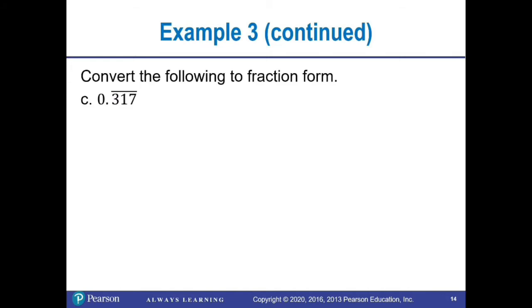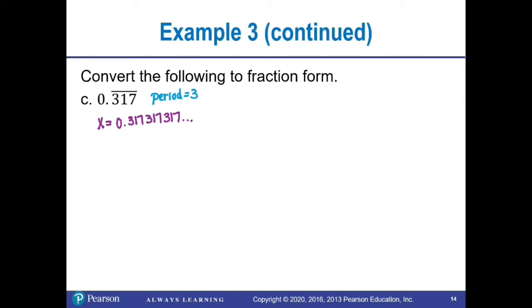Let's look at another one. Suppose we have 0.317 repeating, and we want to change this to fraction form. I let x equal 0.317317317 and so on. The period here is 3 because we have three digits that repeat.